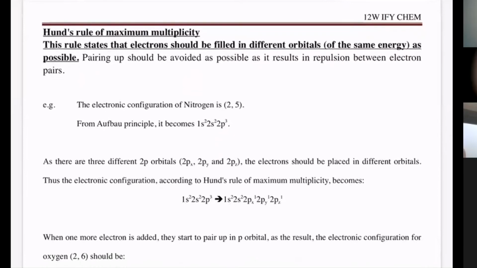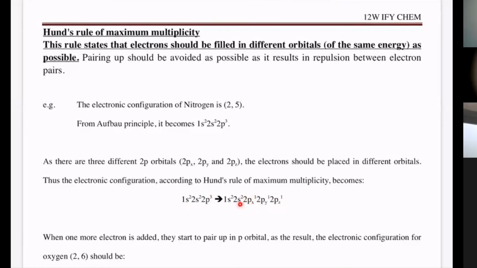Okay, so in this example, if we have 1s2, 2s2, 2p3, for those 3 electrons, we're going to put one in the px orbital, one in the py orbital, and one in the pz orbital. So we try to avoid putting 2 electrons in the same orbital, because electrons carry negative charge.